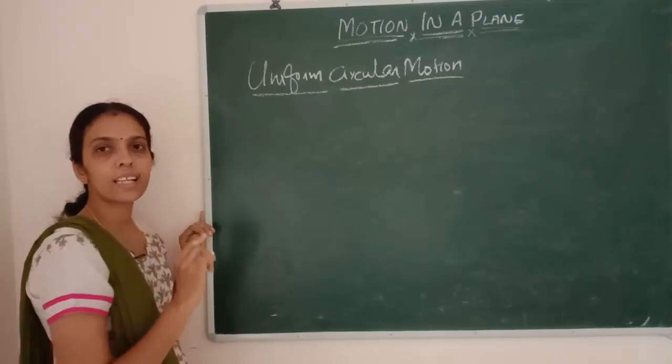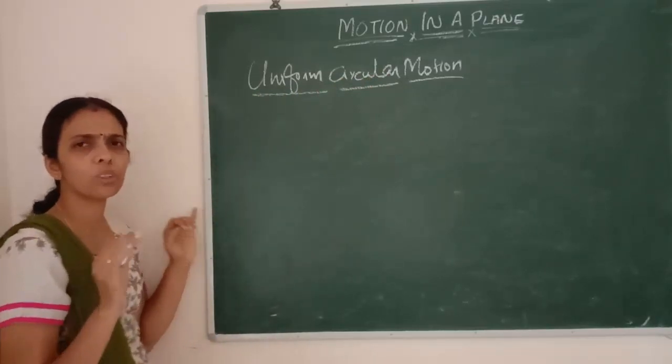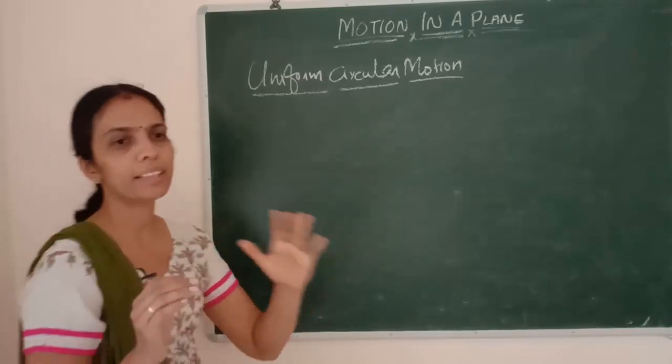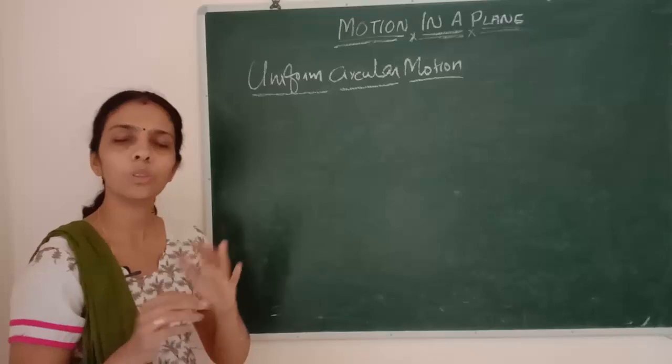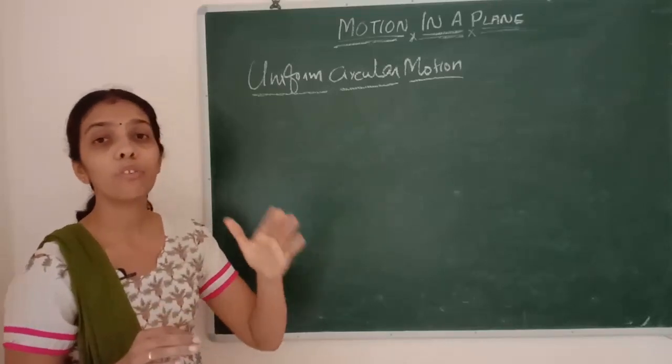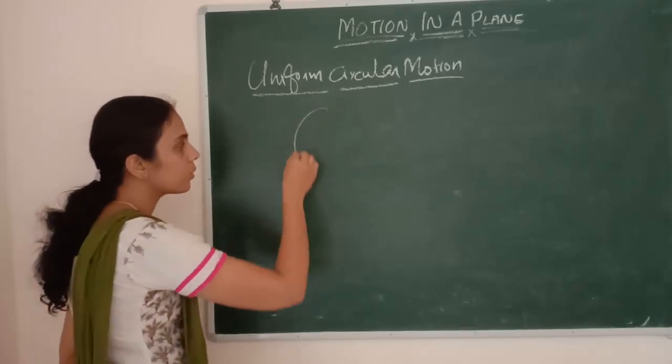See, in translational motion or straight line motion, we learned about uniformly accelerated motion, uniform velocity, uniform motion, all those things. But for uniform circular motion, first we need to know about circular motion.